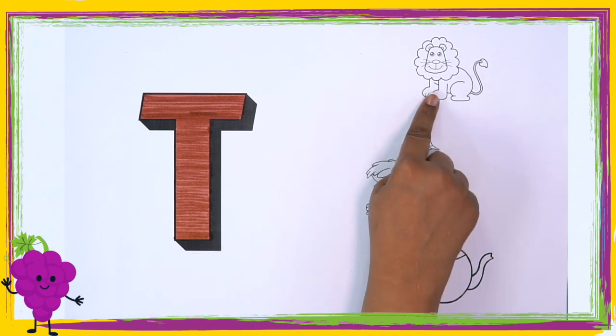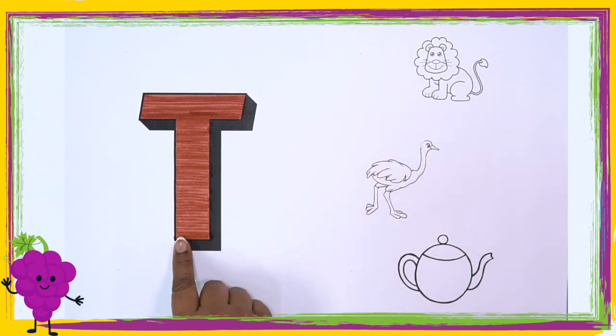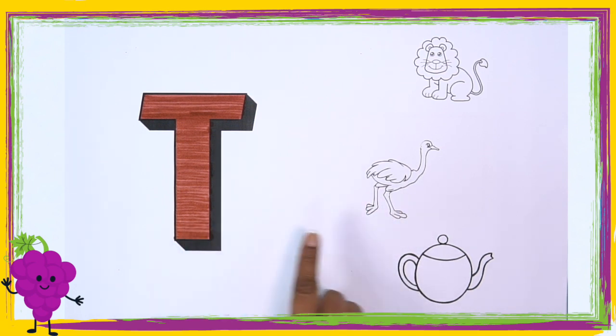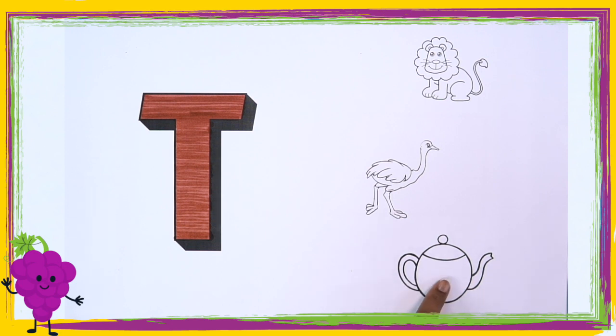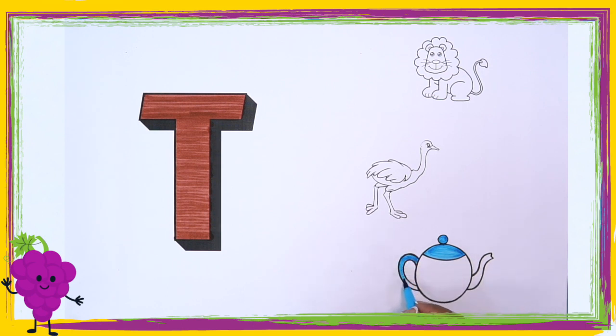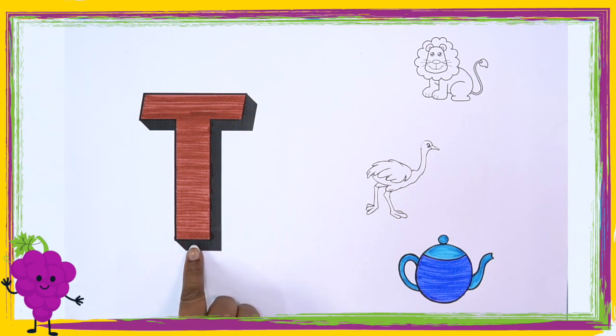Is it lion? Is it ostrich? Is it teapot? T for teapot.